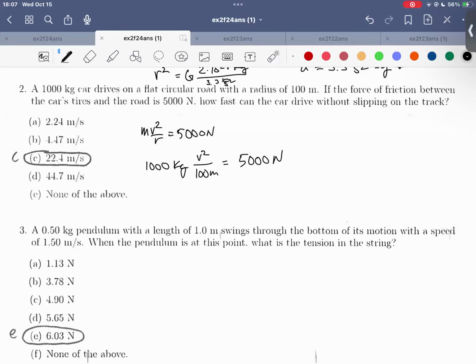And so you get this, and then you take the square root of 500, which gives you 22.36 meters per second. So yeah, that's number two.